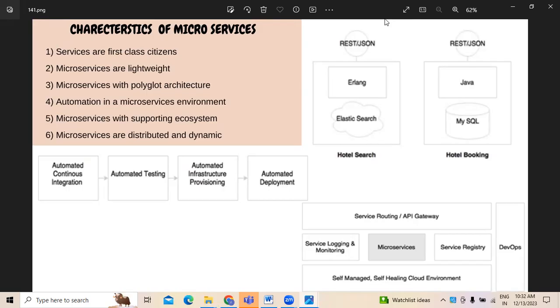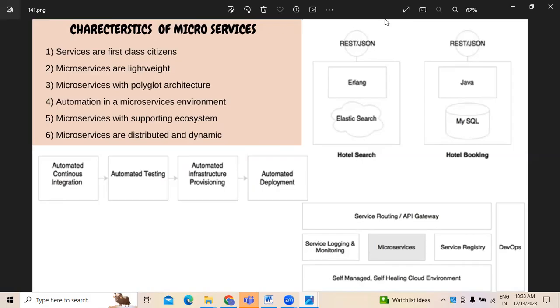At the same time, microservices are lightweight, and can be built and deployed when and wherever needed. That is one more advantage. At the same time, microservices have polyglot architecture, where architects or developers can choose architectures and technologies fit for the purpose of each and every microservice.